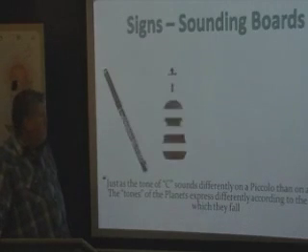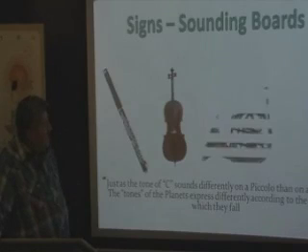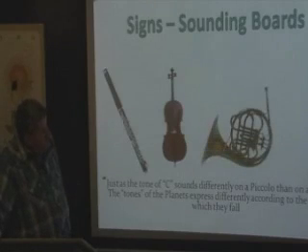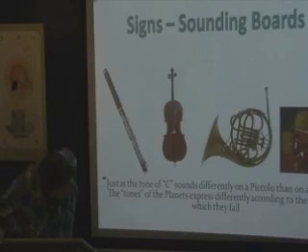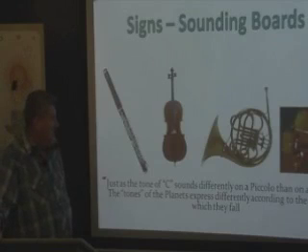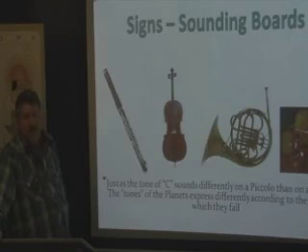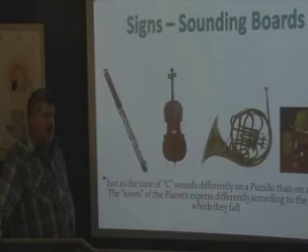So, depending on whether this is played on a flute, violin, French horn, and what's that, a viol? Depending on the instrument, oh, that's a cello, the upright, it sounds differently. So the planets have different qualities that express as they pass through each of the 12 signs of the zodiac.